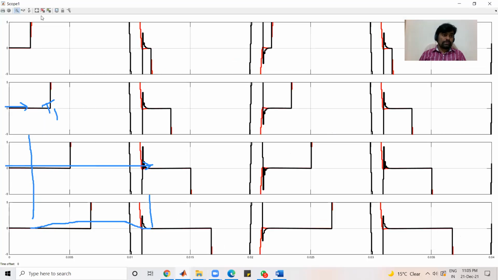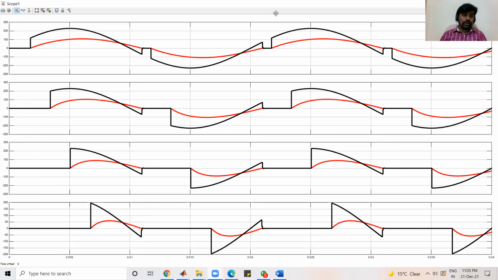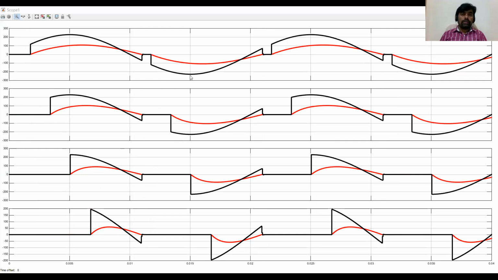That is what I am going to share with you now. So let me grab all these things and see. Now this is the waveform for RL load at different values of firing angle.